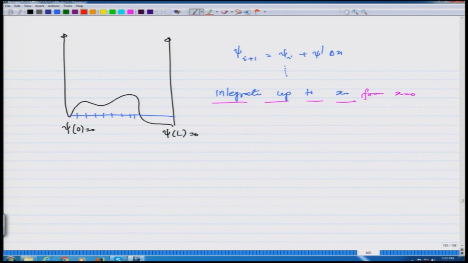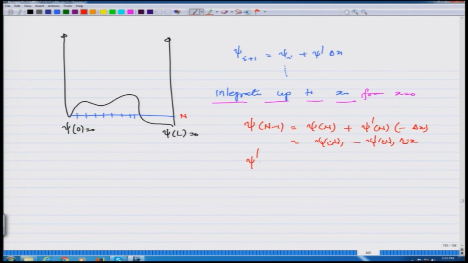This done, let us say the last point is n, then you go psi n minus 1 equals psi n, which is 0, plus psi prime n times minus delta x, because you are going left. So, this is going to be psi n minus psi prime n, whatever value you assumed, times delta x.